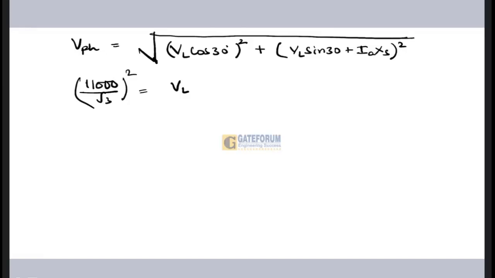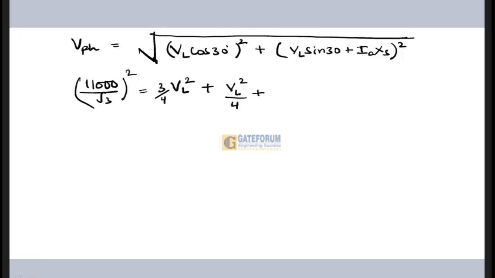Cos 30 is root 3 by 2. So root 3 square is 3 and 2 square is 4, so 3 by 4 VL square. And this is A plus B whole square. VL sin 30 is 1 by 2, so VL by 2 whole square is VL square by 4.